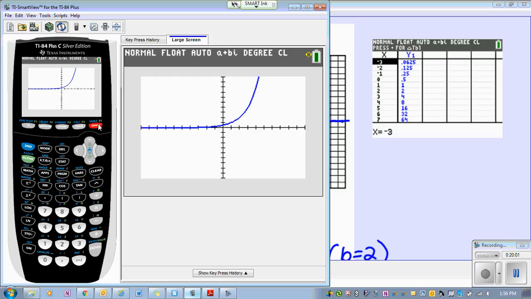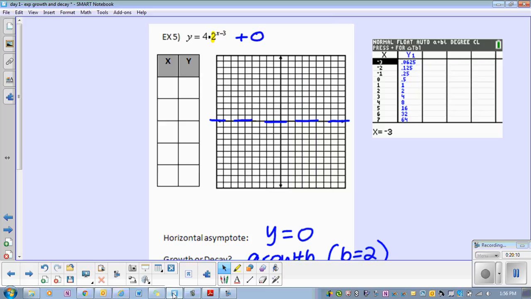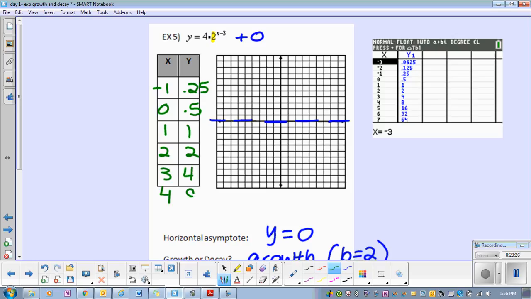So I can go to second graph, and there's my table, okay? So I have my table copied over on the side. So I'm going to fill in some points here. So I can use negative 1, 0.25, 0, 0.5, 1, 1, 2, 2, 3, 4. I'm actually going to squeeze in this 4, 8 as well. Okay?